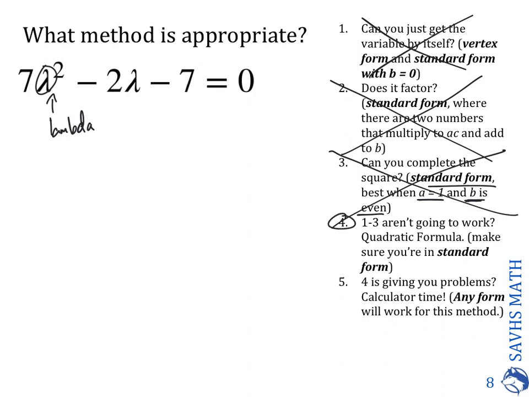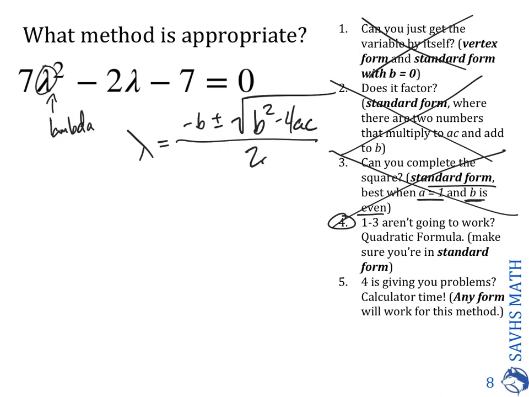So I'm going to rewrite the quadratic formula for you. So lambda equals negative b plus or minus the square root of b squared minus 4ac, all divided by 2a. Okay, so let's rewrite what a, b, and c are. A is 7, b is negative 2, c is negative 7.